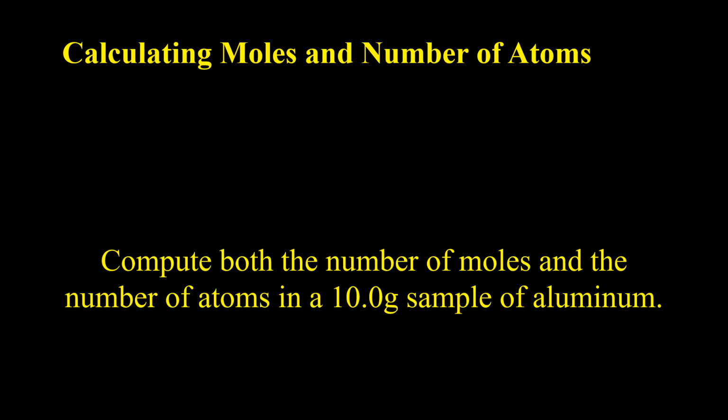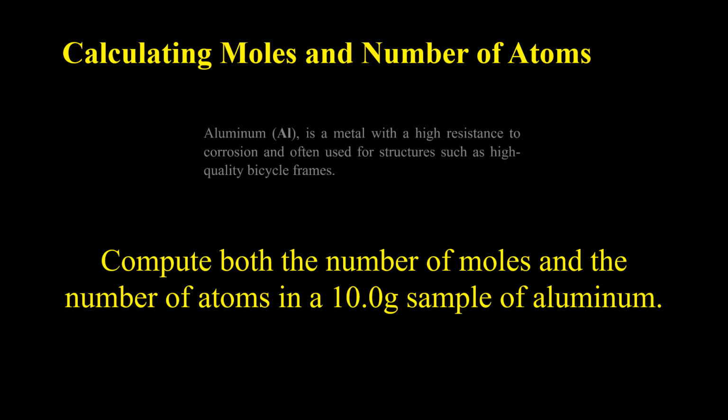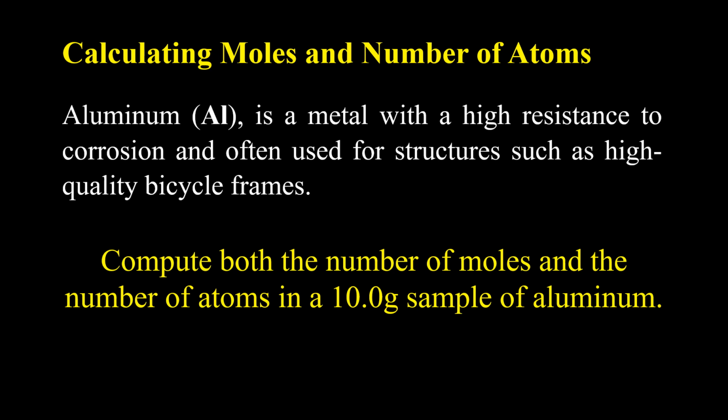So, since ready na po ang lahat ng mga materials na kailangan natin sa lesson na ito, let us go now to the main topic. So this time, we are going to learn how to calculate the number of moles and the number of atoms of a given sample. For example, we will use the element aluminum.